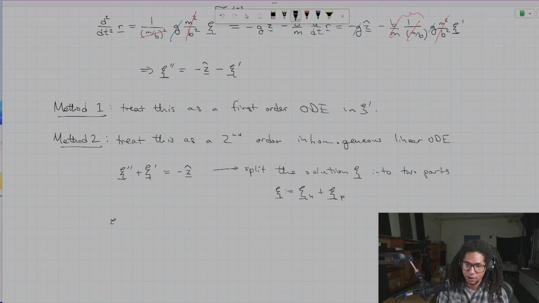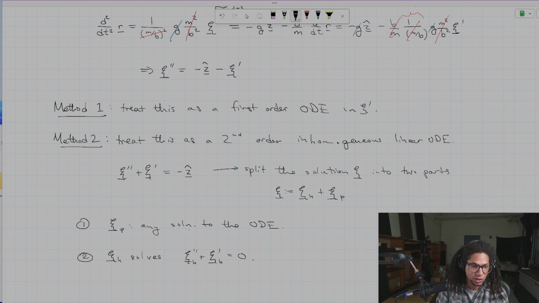So C_P is any solution to the diffy Q. C_H solves a related diffy Q, namely the diffy Q without the inhomogeneous part. So C_H double prime plus C_H prime is equal to 0. All right, so now let's split these into two tasks that we need to do, and we'll do one first.